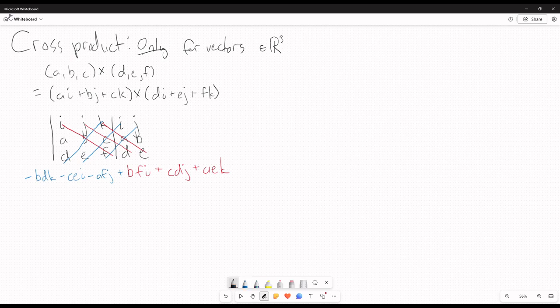Then we go ahead and combine like terms, and we'll get something. We'll look at our I terms. What do we have? Well, we'll have BF minus CE I, plus the J terms, we'll have CD minus AF J, plus AE minus BD K. So that's a really complicated formula.